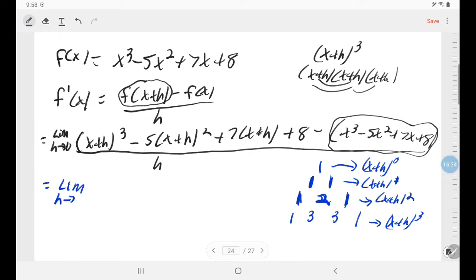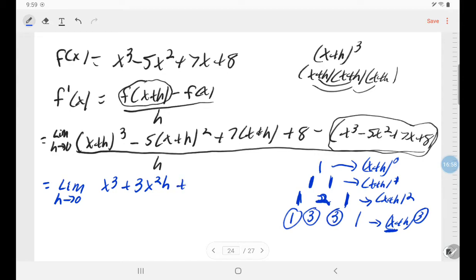So that gives me limit as h approaches 0. The 1 stands for the highest power of x I'm going to have. So it's x cubed. The 3 means I'm going to write the coefficient of 3. I'm going to lose an x, so instead of x cubed, I'm now at x squared. And I'm going to add in a power of h.